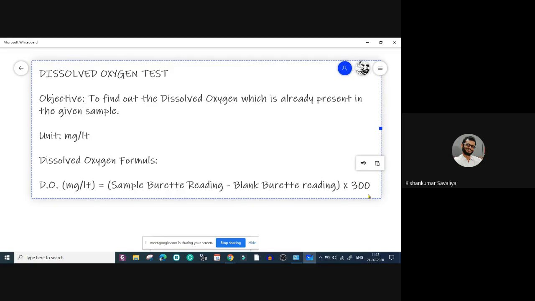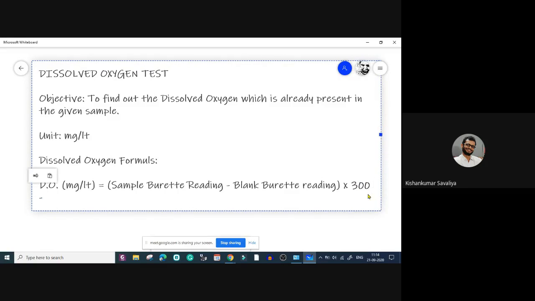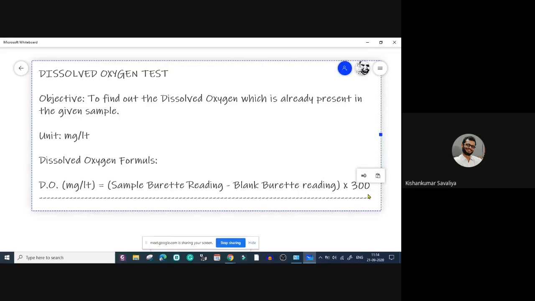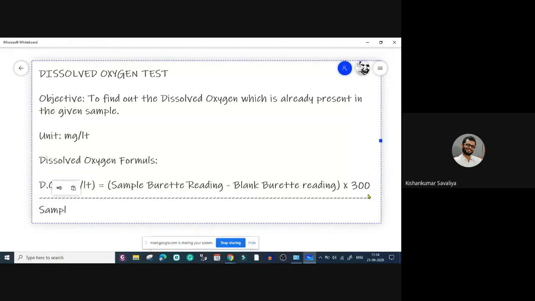I'm writing this. So this is for the division purpose. You can mention that: divide by the sample volume. So this is the formula for the dissolved oxygen.